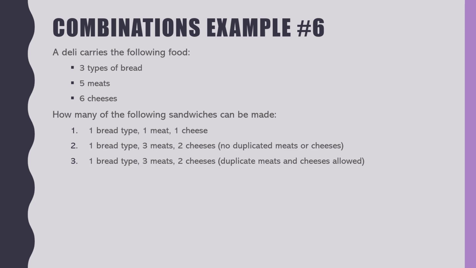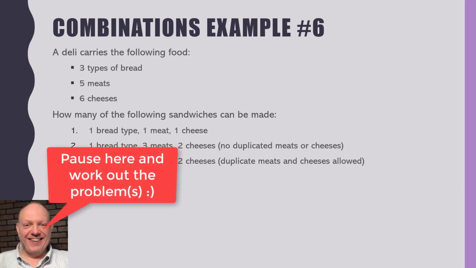I want to see if you can figure out where, if anywhere, we need to apply combinations versus permutations versus just plain old addition rule, plain old product rule. What goes where? I'll give you a few minutes to work that out, but this is the rest of the story from the sandwich problem we did the last time we met.